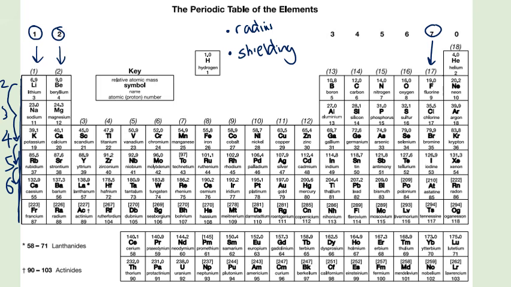So the further down the group you go, the lower the first ionization energy is. So without fail, francium has the lowest ionization energy out of anything in group 1. Rubidium will have a lower ionization energy than potassium, and so on. And that is true for everything in group 1, everything in group 2, and everything in group 7.